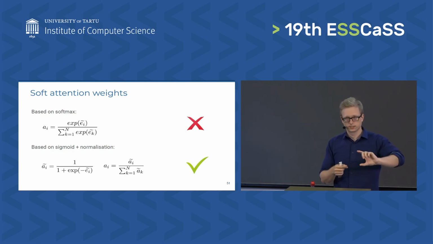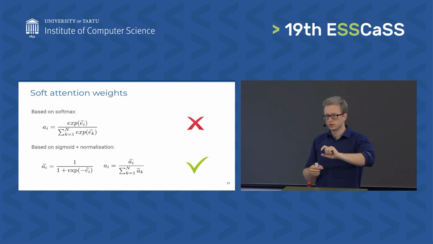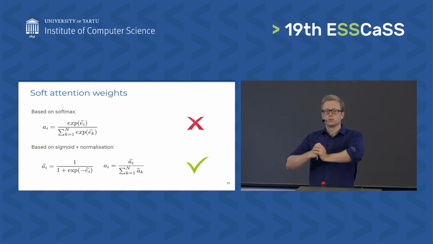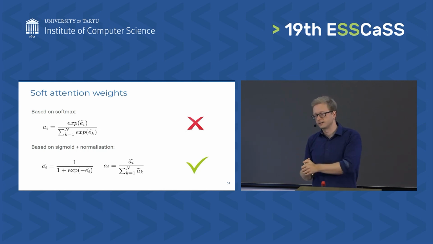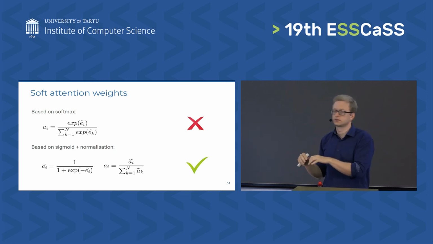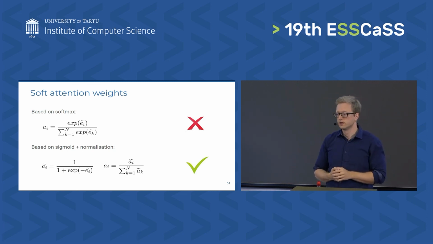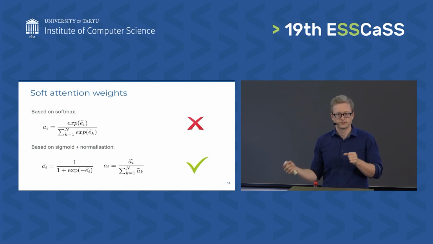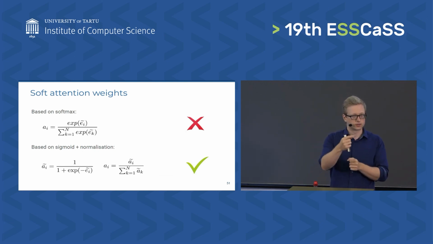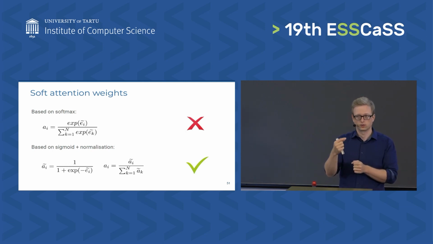So now the task is like a binary classification task for each token. And then we normalize them using just a regular sum of all the weights. So now we can use these weights as the weights in a weighted sum for self-attention, and internally the model starts making binary predictions about each token.